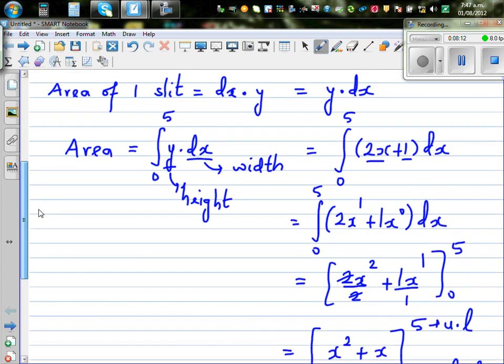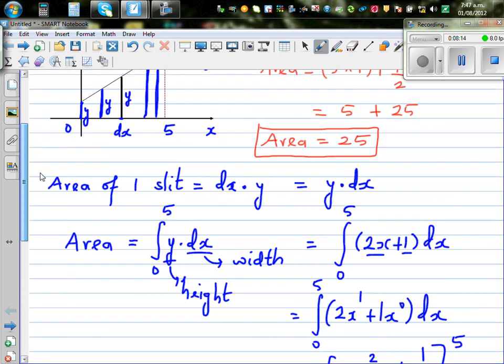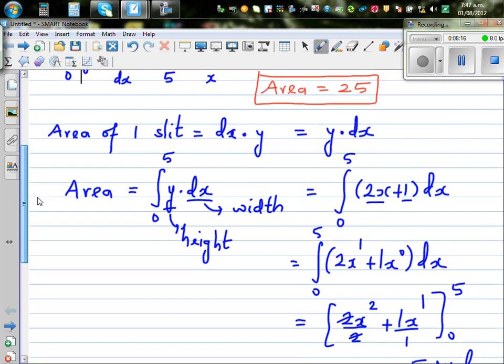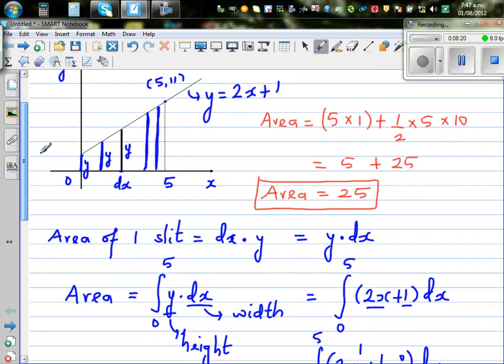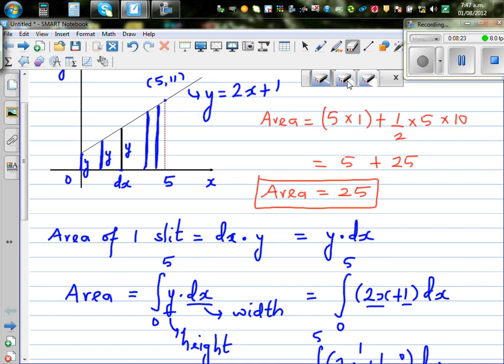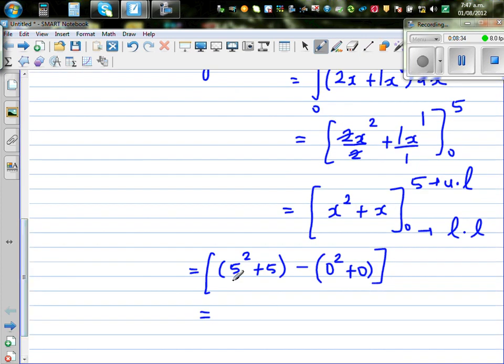Am I doing something wrong here? Oh, this should be 30. So I made a mistake here. I was wondering what I was doing wrong. This is 25 plus pi, which is 30. Okay, so this is my mistake. So 30 take away 0, which is 30 units.